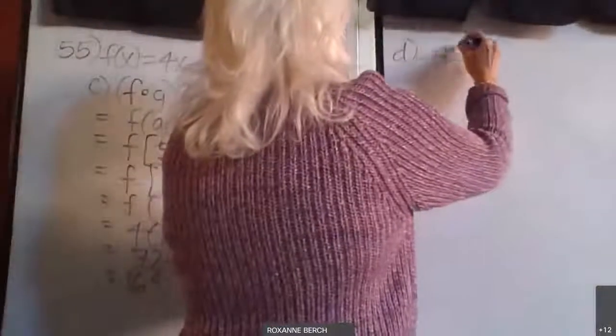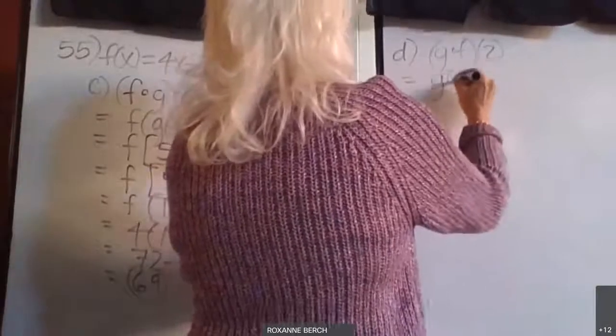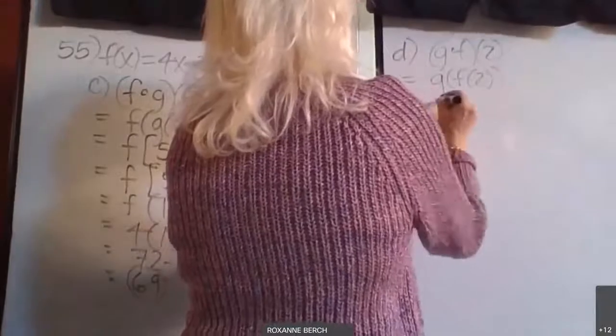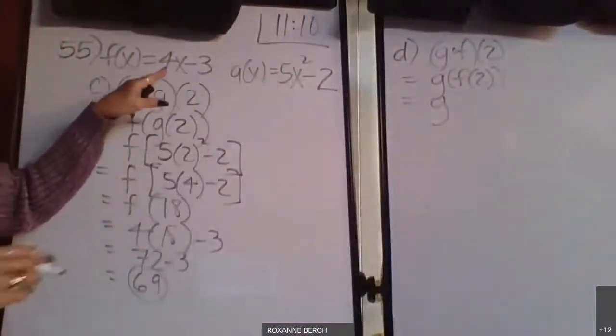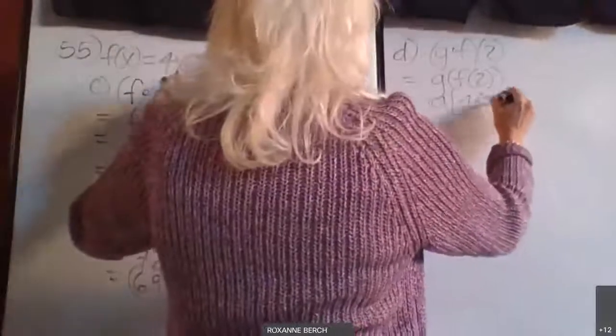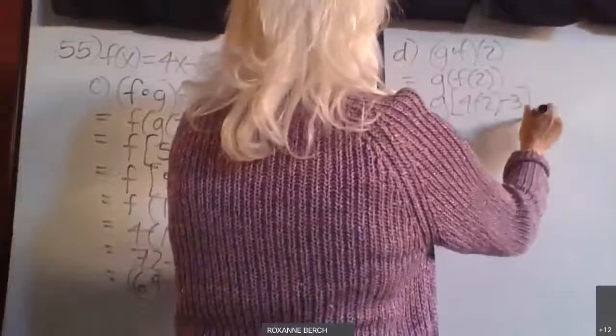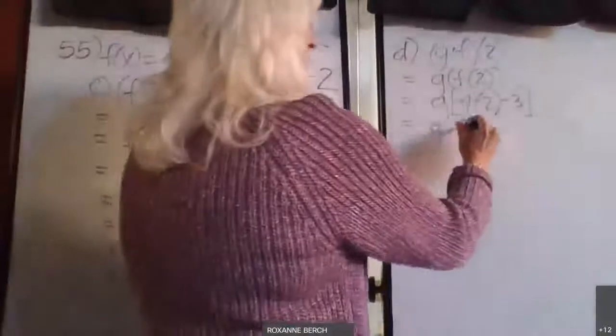So this is g of f of 2. So this means g of f of 2. So you're going to evaluate f of 2, so put a 2 in. So it'd be 4 times 2 minus 3, which is 8 minus 3, or 5.